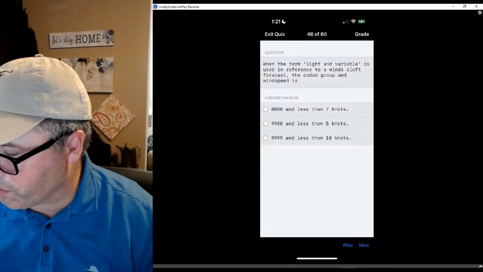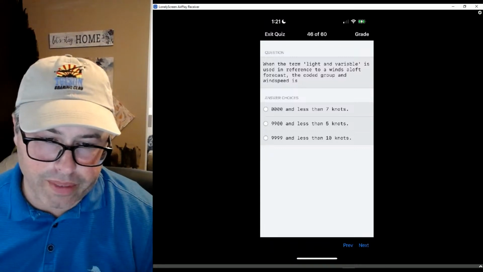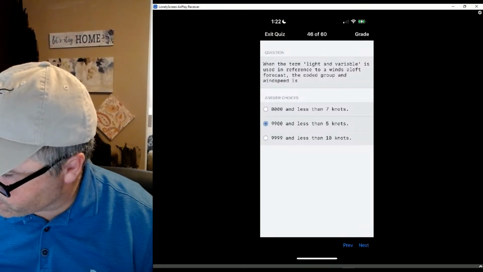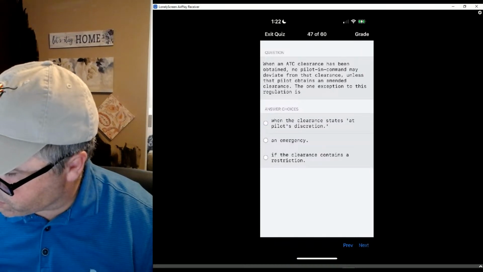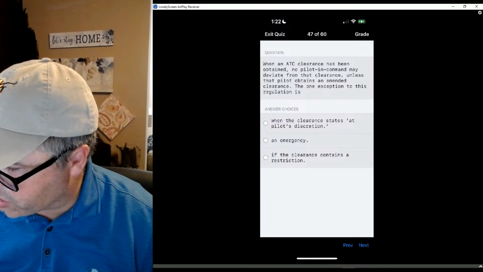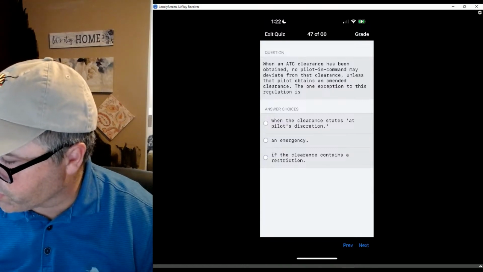Okay. Light and variable is less than 5 knots. And so it's going to be the 9900 there. Doesn't know the direction, but it knows that the wind is very slow.